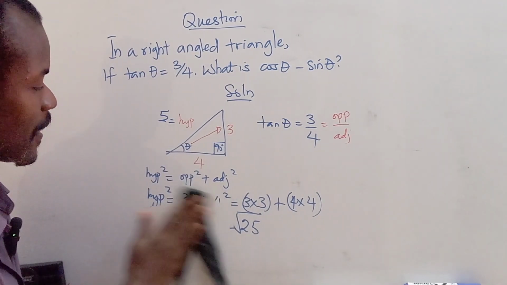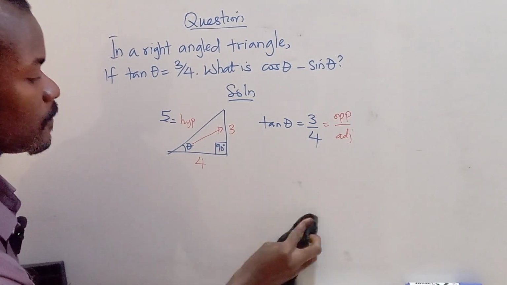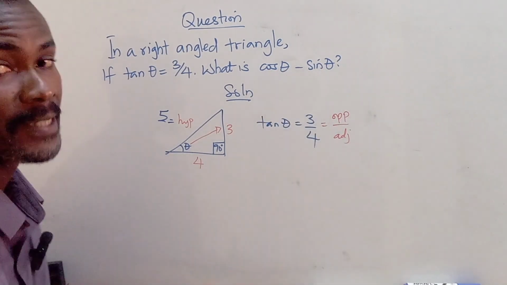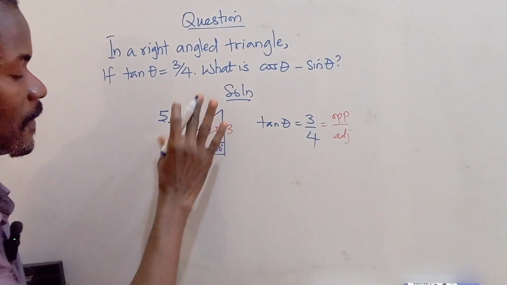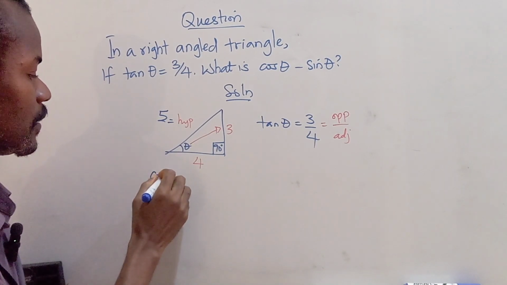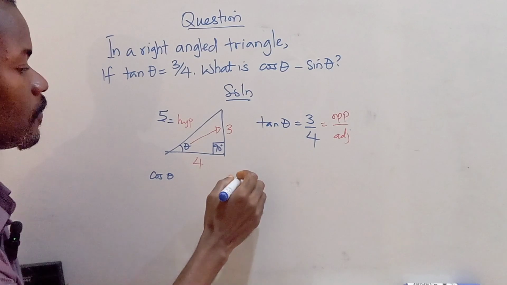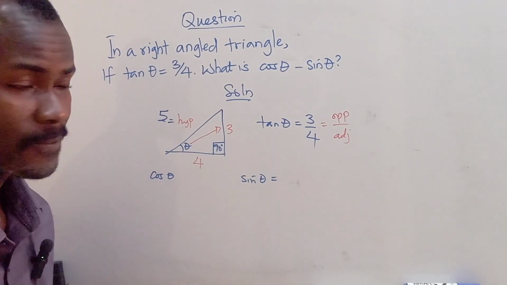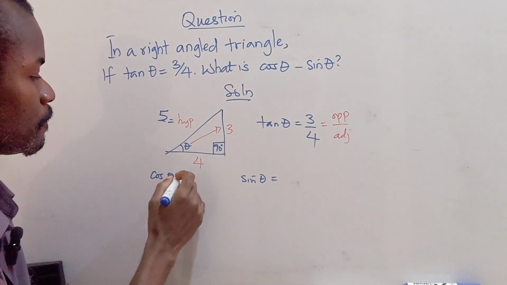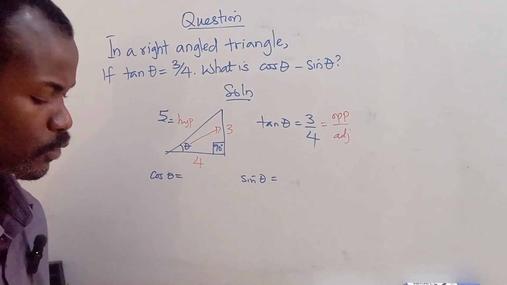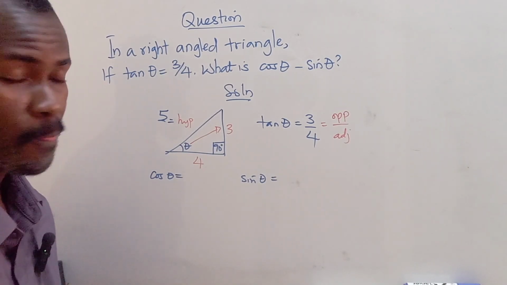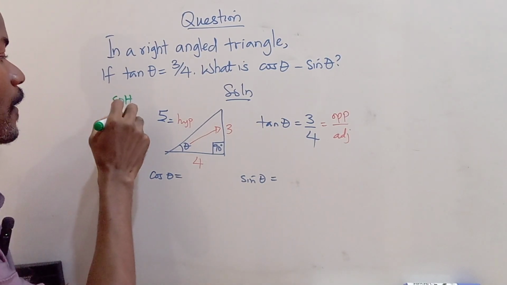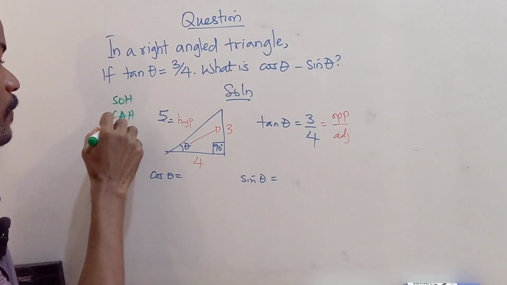So from this we can now find, from the right angle triangle, our cos theta and our sin theta. You have to remember your trick of SOH CAH TOA.